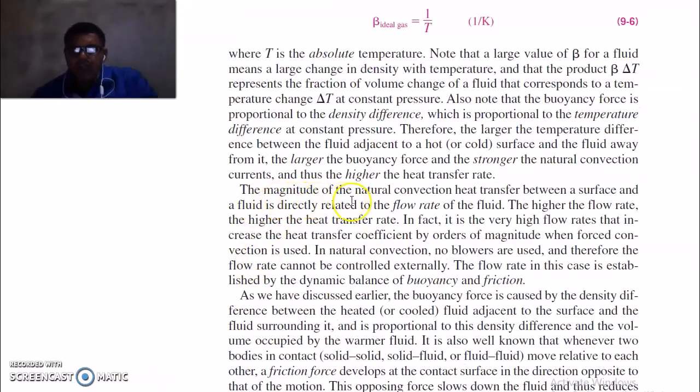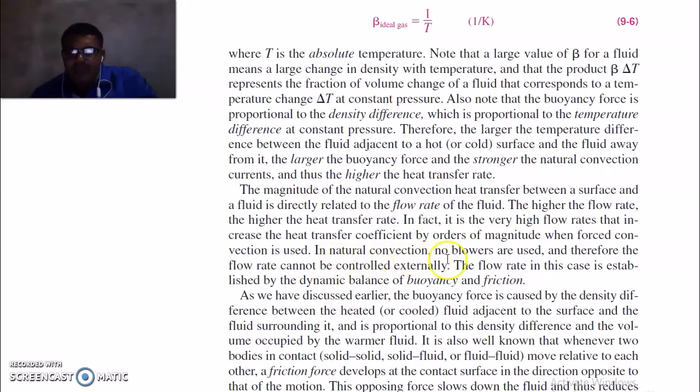The magnitude of the natural convection heat transfer between a surface and fluid is directly related to the flow rate of the fluid. The higher the flow rate, the higher the heat transfer rate. In fact, it is very high flow rates that increase the heat transfer coefficient by orders of magnitude when forced convection is used.